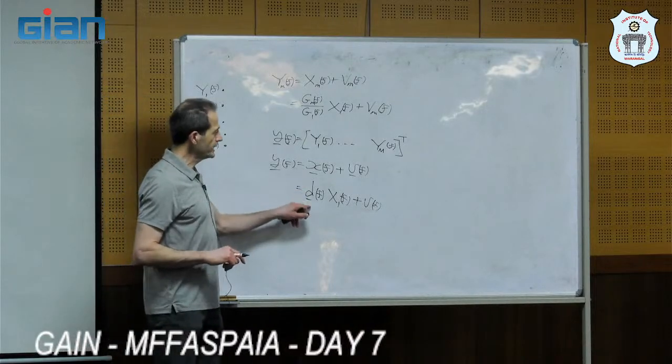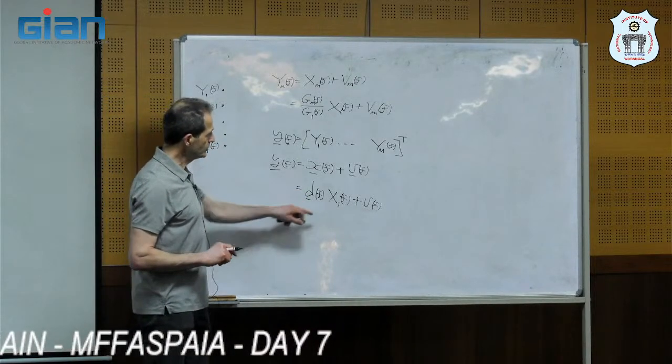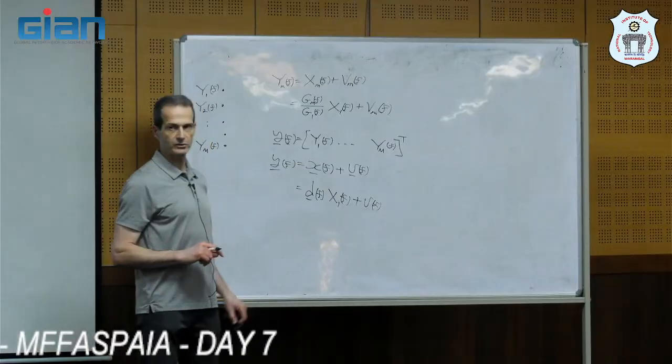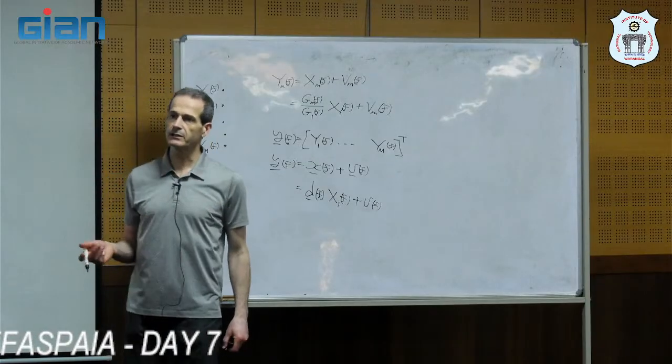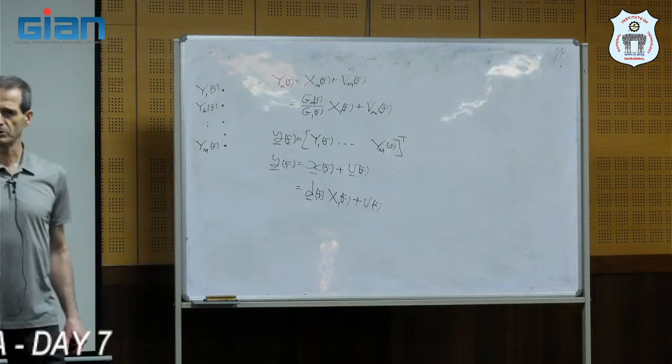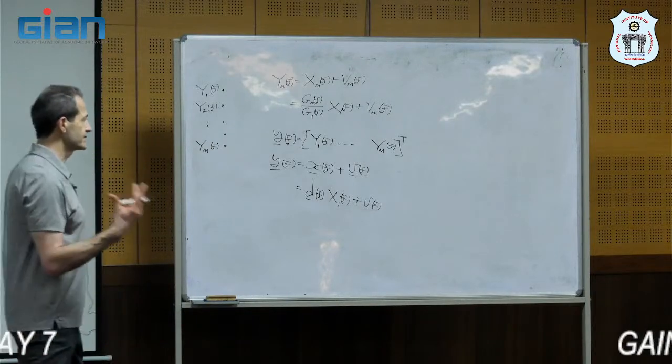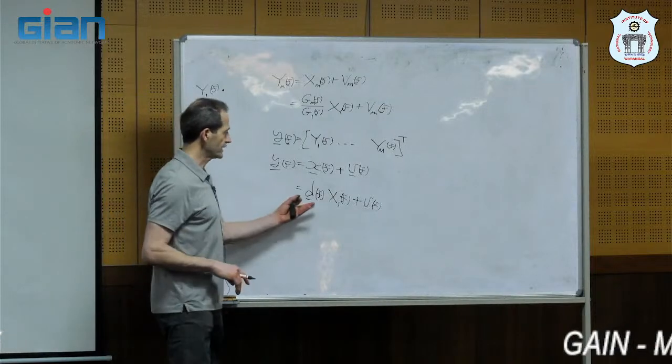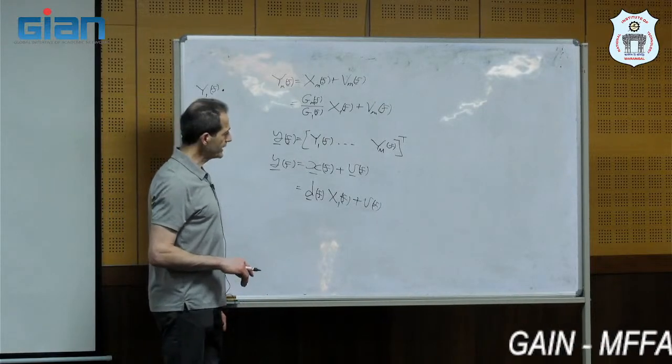Okay, so if we write it in such a way, when we go from here to here, we assume that we know this vector.